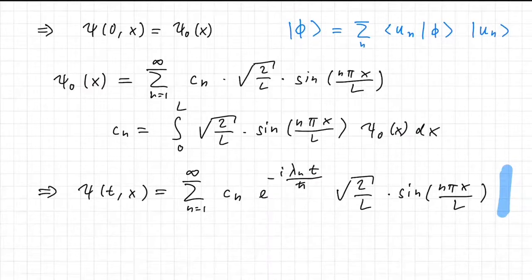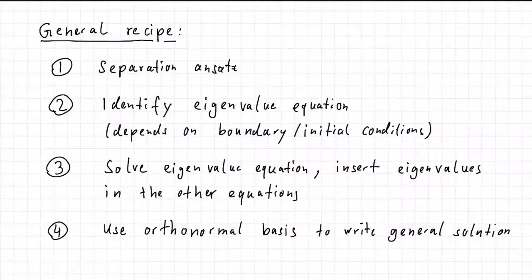Now, how does that carry over to other partial differential equations? I just showed it to you for a specific differential equation, and indeed, one can try to use this recipe also for other partial differential equations. The first step would always be to try a separation ansatz. Once that works and you get two independent ordinary differential equations, identify which of them you should use as the eigenvalue equation.